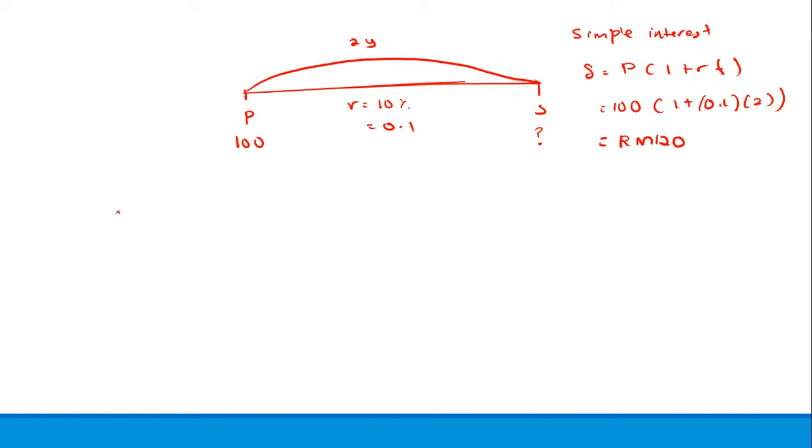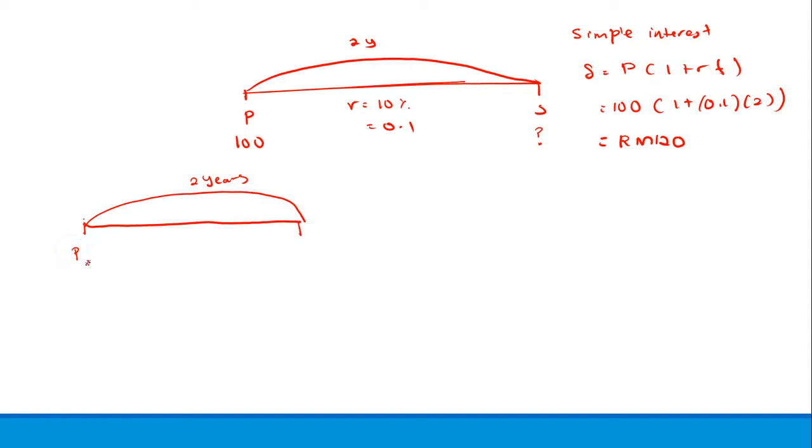However, let's say it's compounded yearly. Every 1 year you get interest compounded. So for this case, the same situation for 2 years.